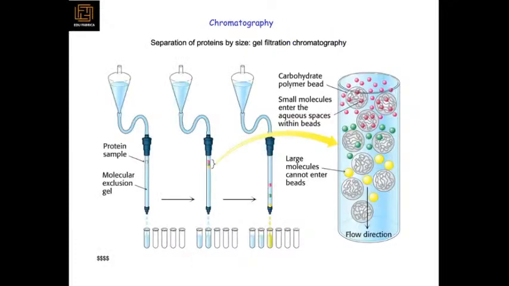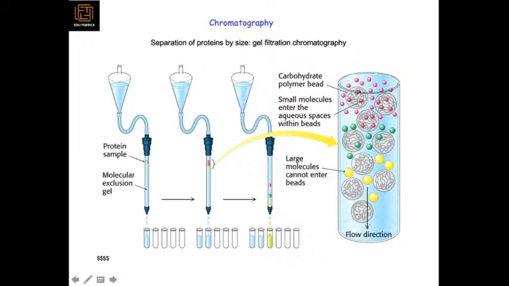The first one is gel filtration chromatography. In this, first of all you have a protein sample up top, and then there is a molecular exclusion gel down below. You will have carbohydrate polymer beads.